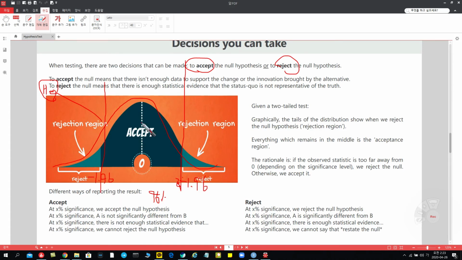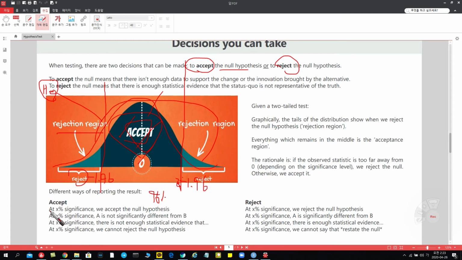This part is the acceptance region for the null hypothesis, but these two sides are the rejection regions.